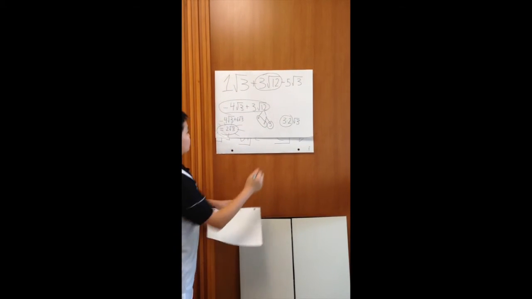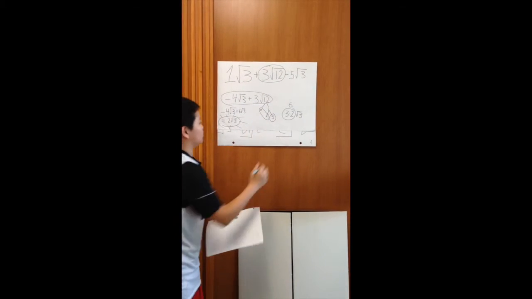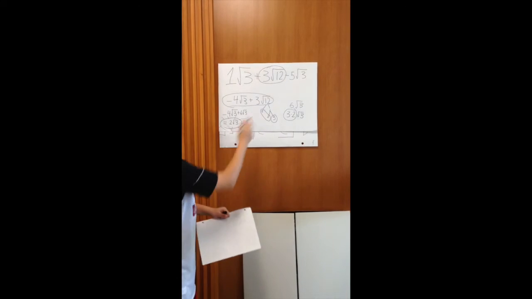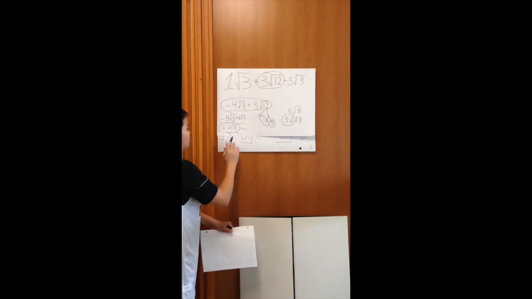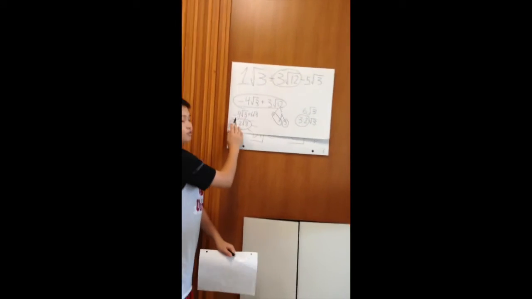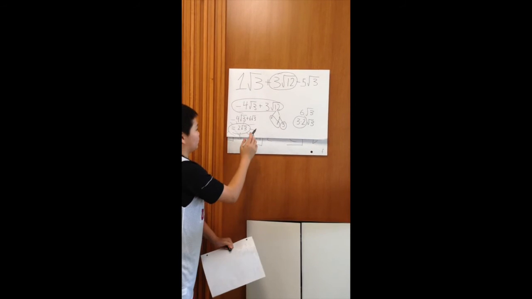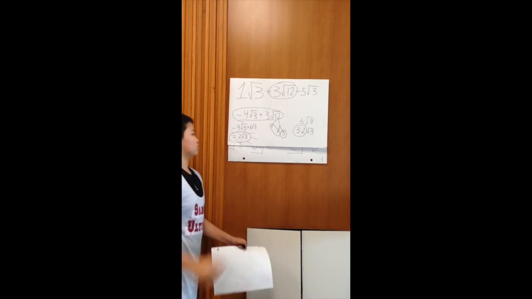Then we do 3 times 2, which is 6, and it's written out like this. That's how this part is written out, and this part will be the same. So it would be written out as negative 4√3 plus 6√3. And when we solve that, we get 2√3, and that's our answer.